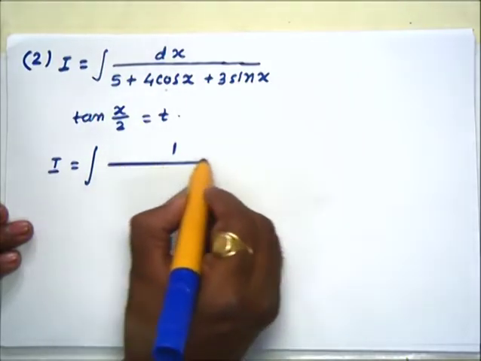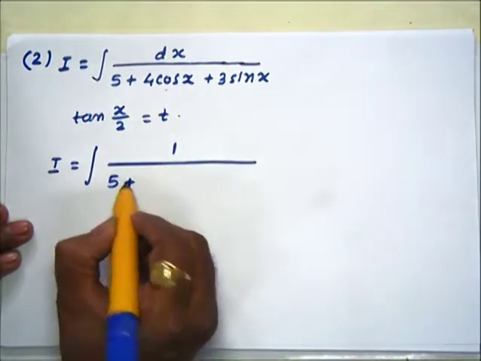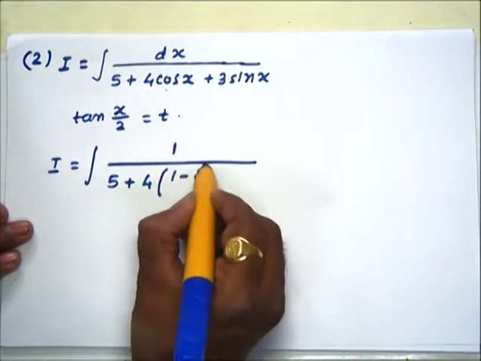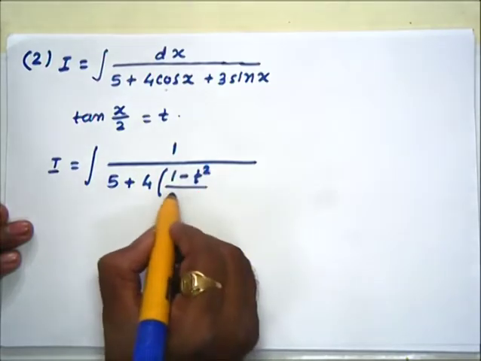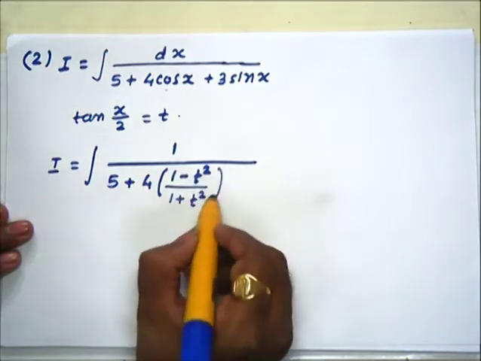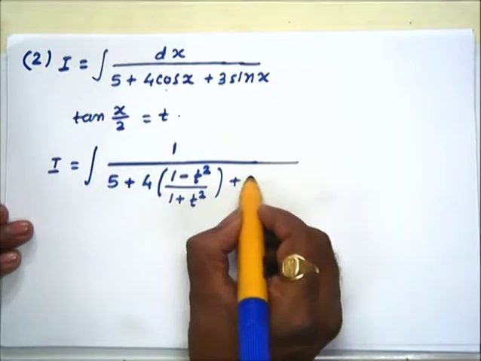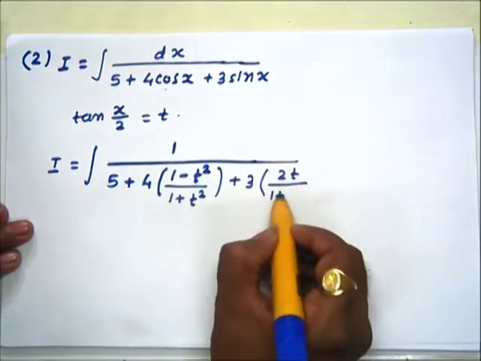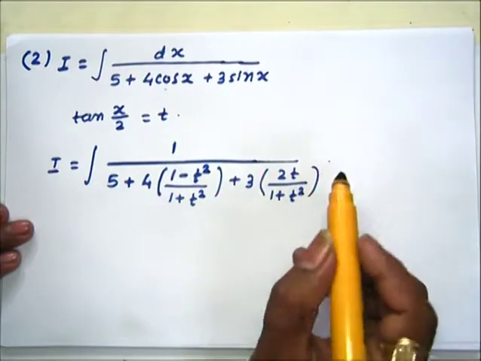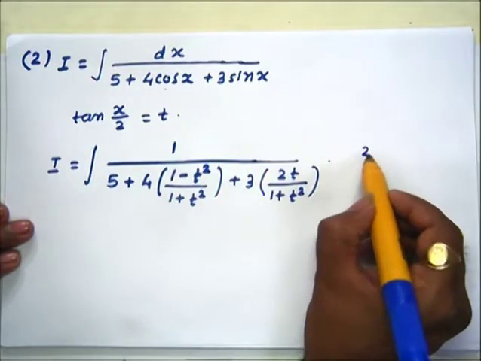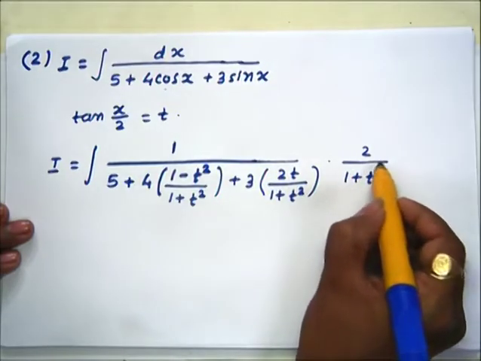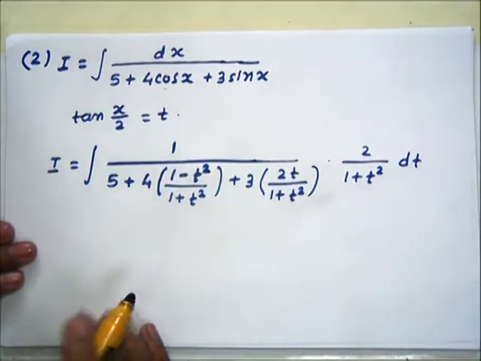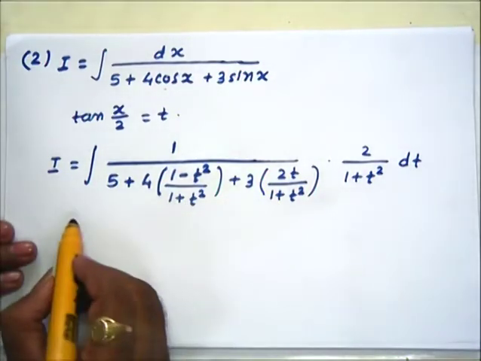1 over 5 plus 4 cos x, which is 1 minus t square upon 1 plus t square, plus 3 sin x, which is 2t upon 1 plus t square, into dx, which is 2 upon 1 plus t square dt. Now take the LCM here.